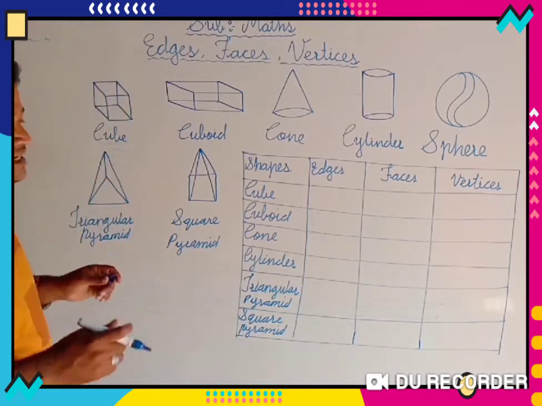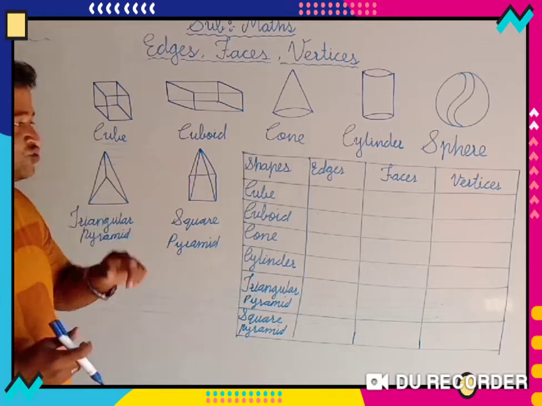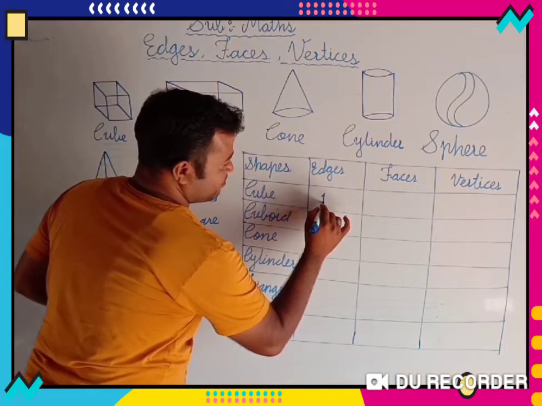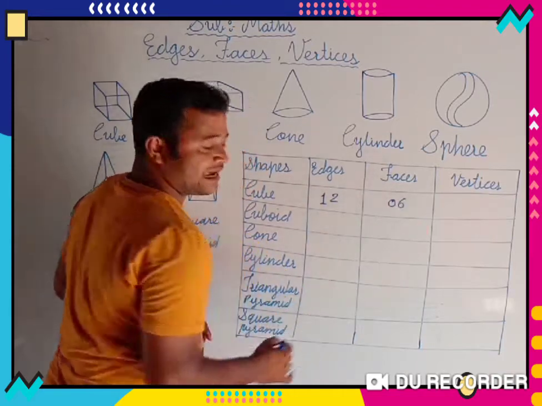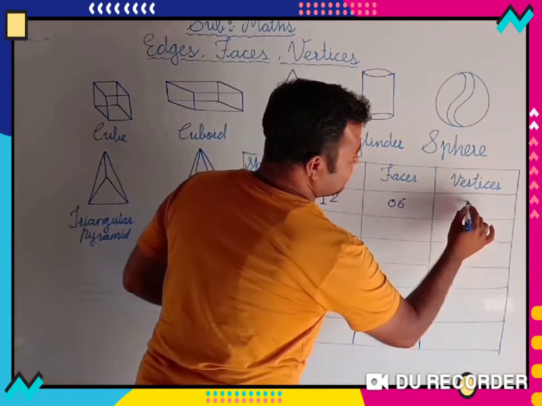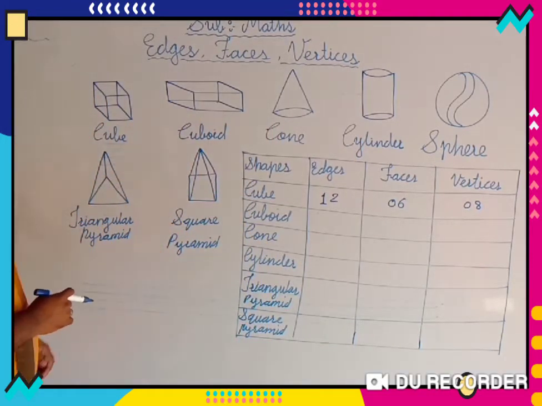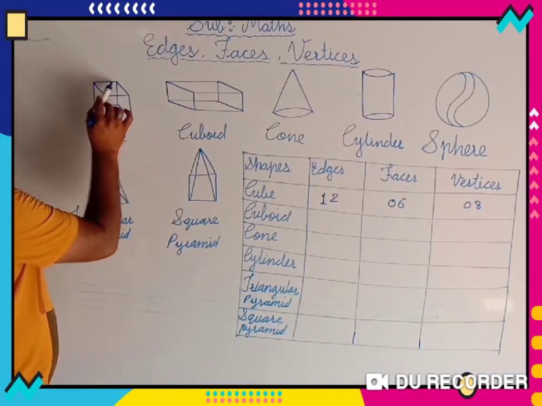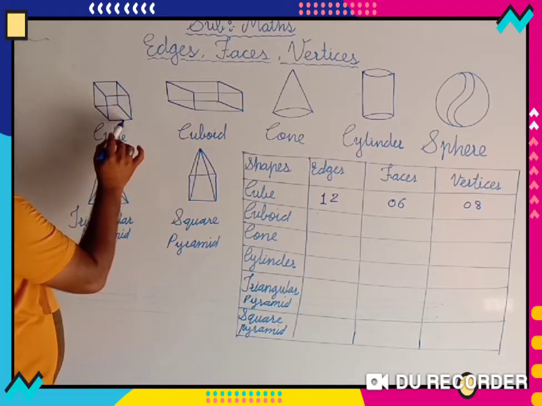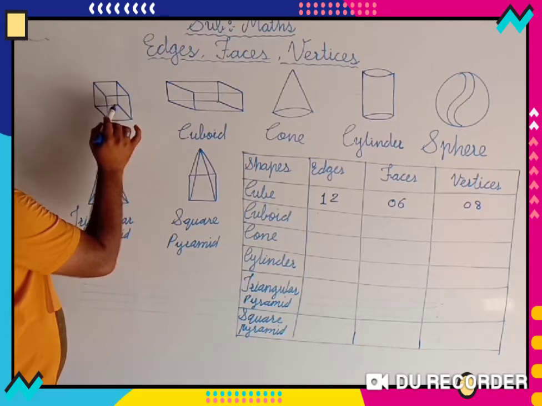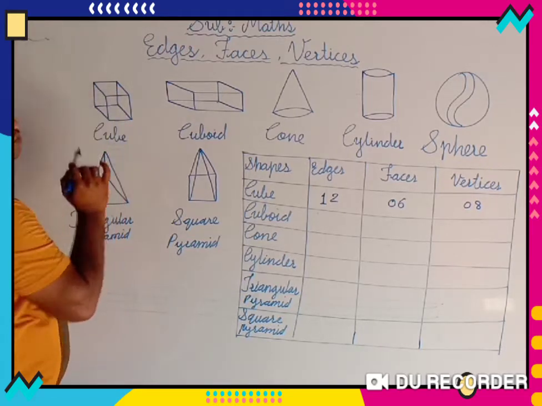My dear kids, as that day we wrote, the number of edges in a cube is 12, faces 6 and vertices 8. Just understand, these are the edges of a cube: 1, 2, 3, 4, 5, 6, 7, 8, 9, 10, 11 and 12.